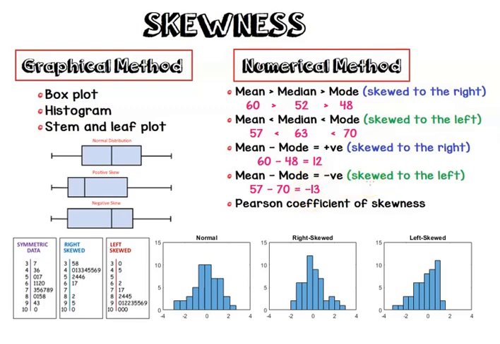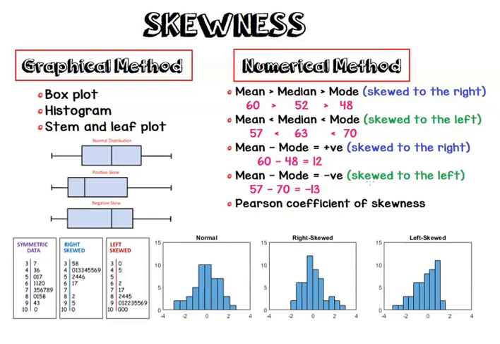Note that if it is a symmetric or normal distribution, value mean will be equivalent to value median and also equivalent to value mode. If we are using the difference between mean and mode and we get exactly 0, then we can say that the distribution is normally distributed or symmetric.